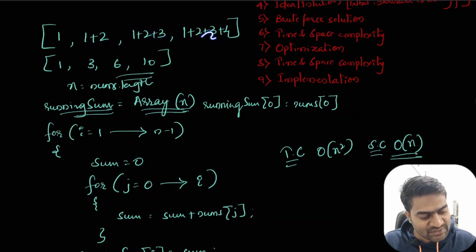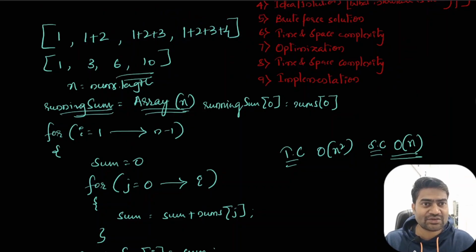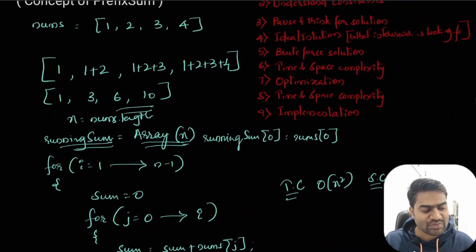If you see the next number, it is the previous sum and just that particular number. So do we see any necessity to find the sum from the start for all the values? No. So what we can do is use the previously calculated value and simply add that number.